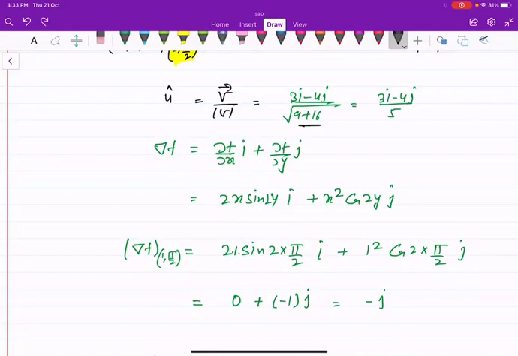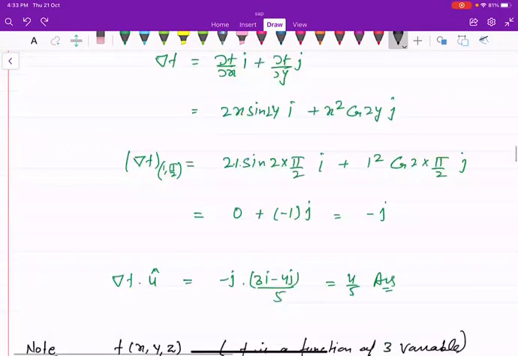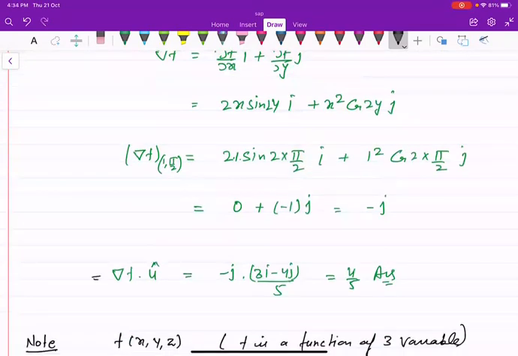After differentiating, put the values of x and y as 1 and pi by 2. We get the value of del f at 1, pi by 2 as minus j, and del f dot u gives this value. So this is the directional derivative of the function in the direction of b at the point A, that is 1, pi by 2.